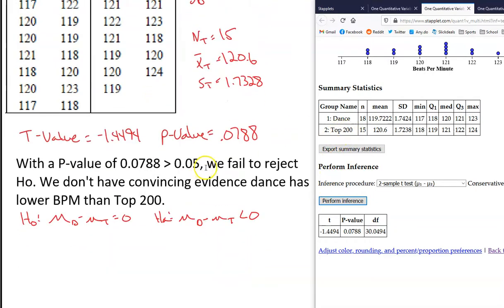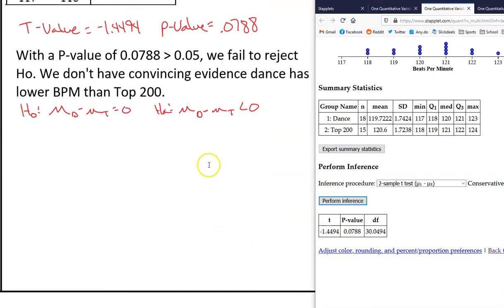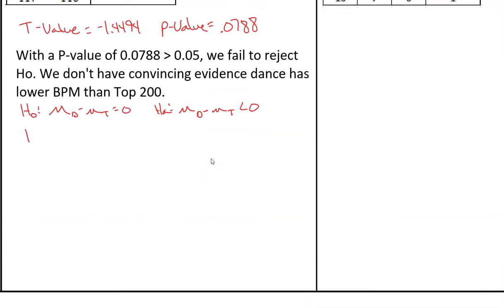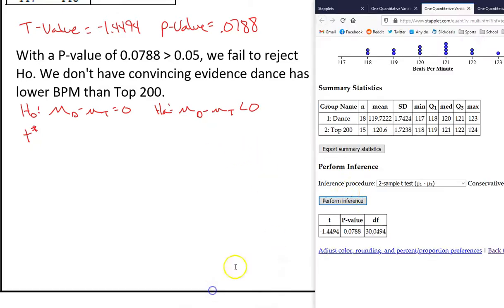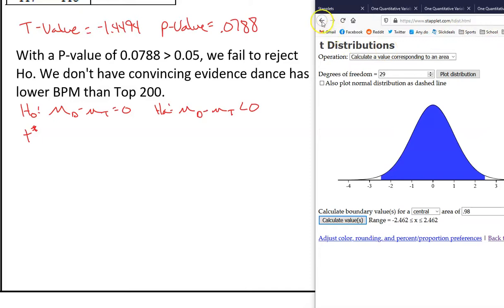All right. And so the next thing I'm going to do is calculate my confidence interval by starting with t star. And it's going to be t star at this degrees of freedom. So watch, I'm going to copy that degrees of freedom right there and go over to the t distribution again.